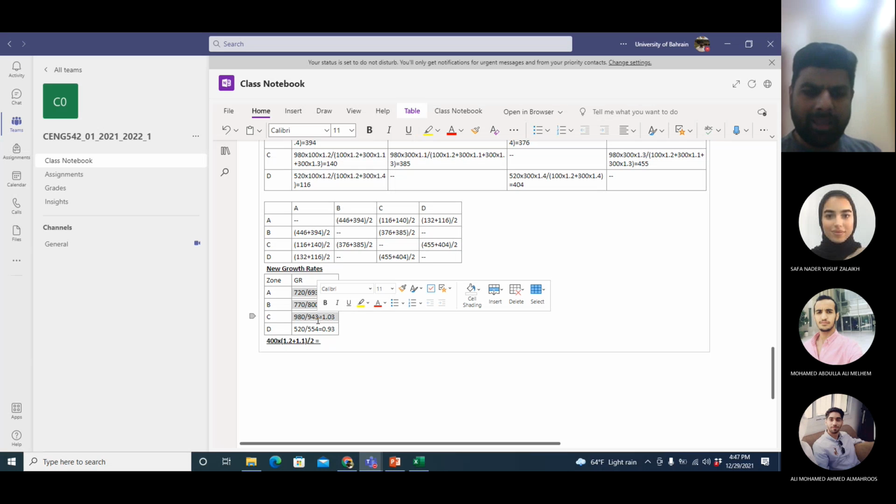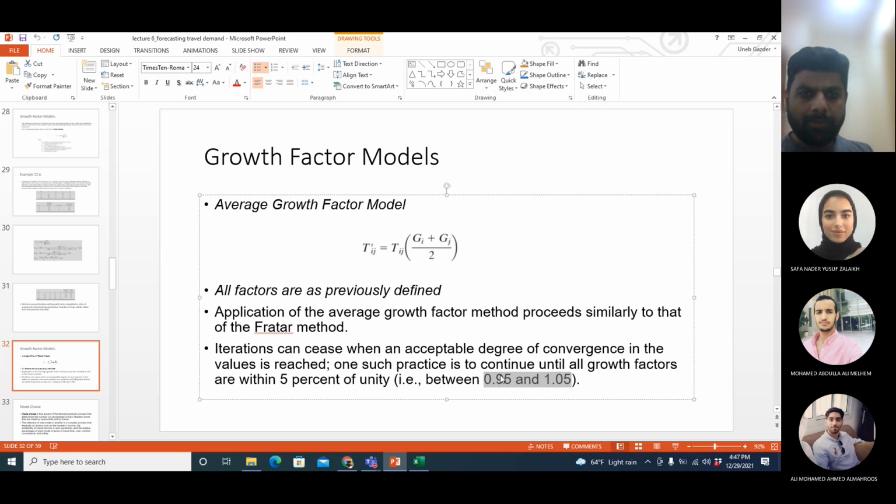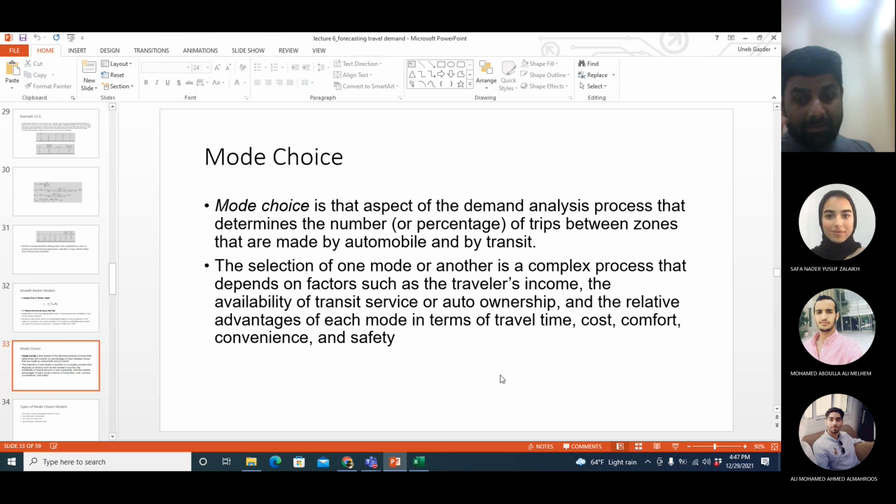And it will continue till the growth factors are within an error of 5% from 1. So 5% from 1 means this. Like I said, only one step is changing. You can try it on your own and you can show me the results. If you have some problems, you can let me know.